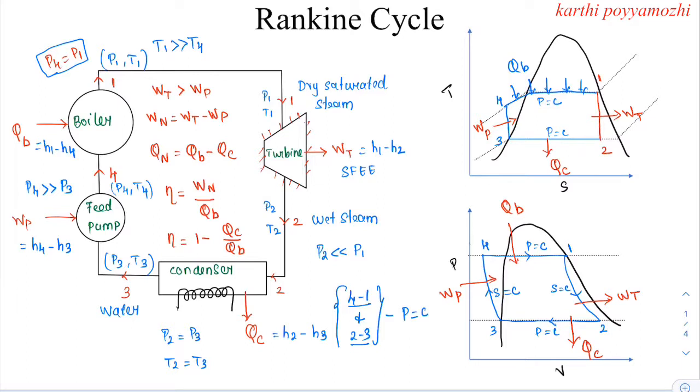The process taking place from 1 to 2, 2 to 3, 3 to 4, and again 4 to 1 is a cyclic process, and this cyclic process is considered to be the Rankine cycle.